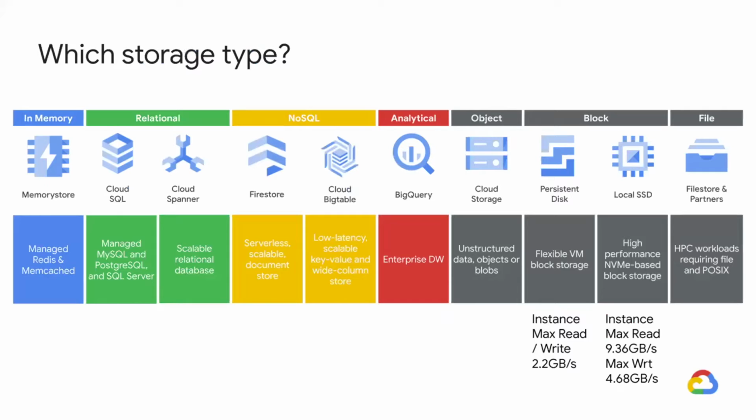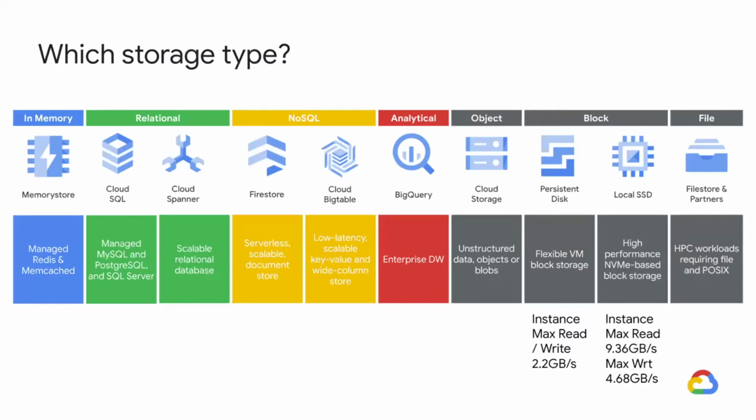For the storage types, we have a lot of managed and unmanaged offerings, essentially in-memory databases, relational, NoSQL, analytical, etc. In terms of HPC, a lot of times customers will use object store as a landing zone or staging area, and block storage for the computation itself.